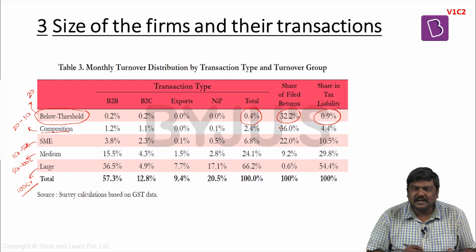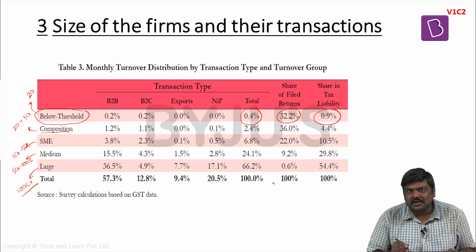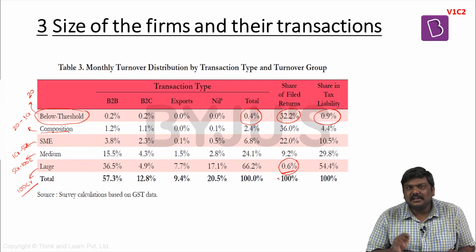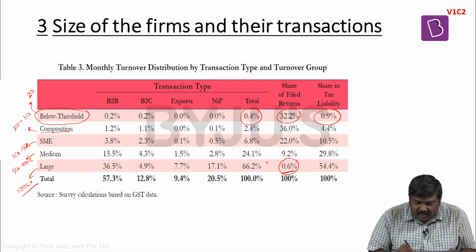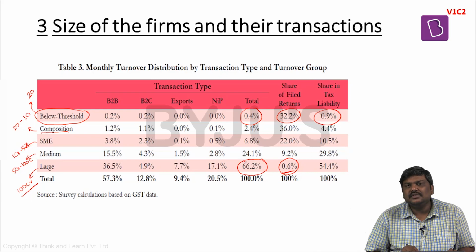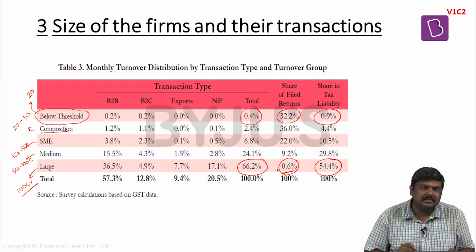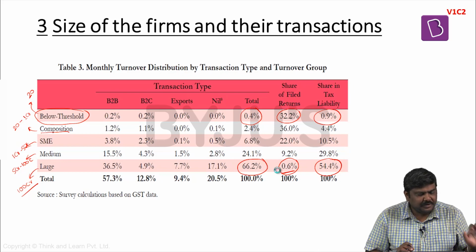Whereas on the other side, that is the extreme side, the large firms where the turnover is more than 100 crore rupees comprise lesser than 1% in terms of total number of firms or registrants under GST, whereas they account for 2/3 of the total turnover generated in the economy, and they account for more than 50% of the total tax liability. This is the kind of information that can be derived and that has been possible because of the implementation of the GST.